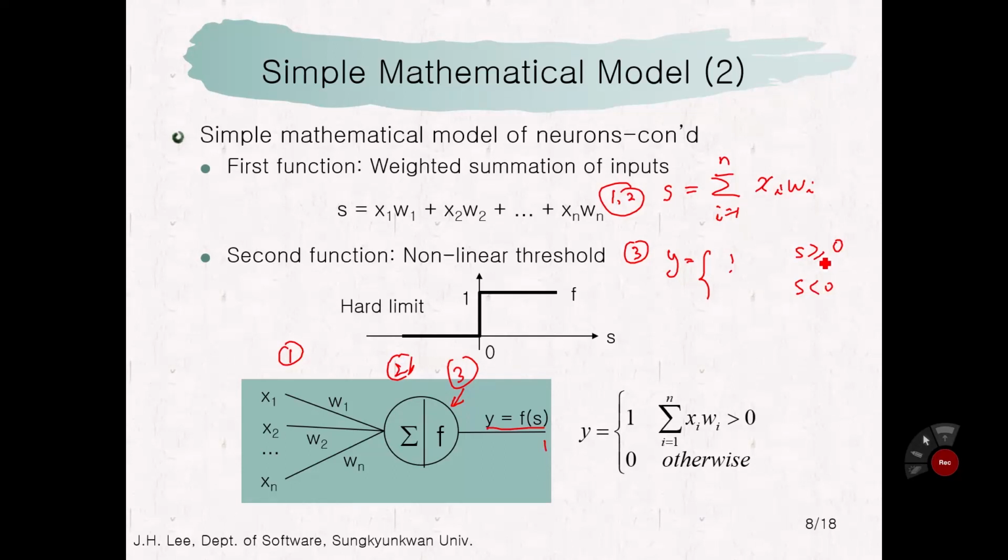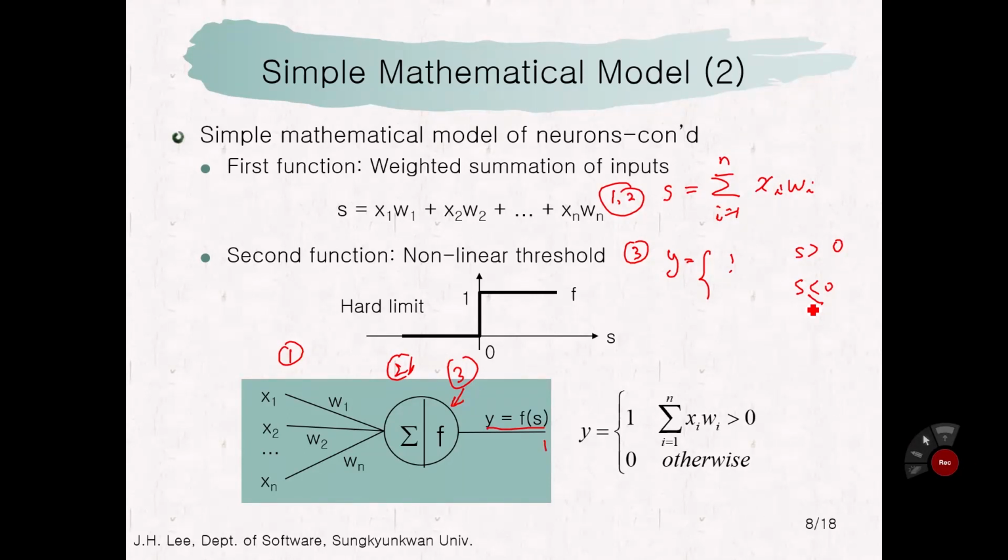If you want to put the equal sign here, no problem. The position of the equal sign is not important. You may put it on the upper side or the lower side. That is not so important.